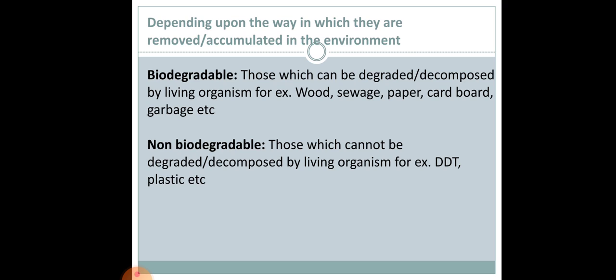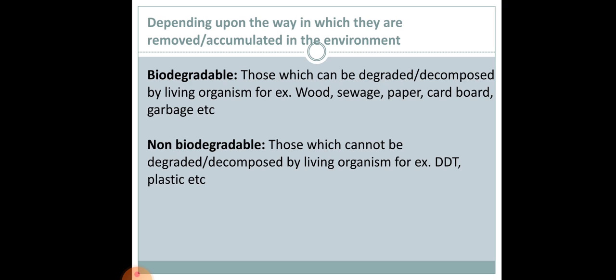Now depending upon the way in which they are removed or accumulated in the environment, we can classify them into biodegradable and non-biodegradable pollutants. Here again the term itself explains it. Biodegradable means those pollutants which can be decomposed or degraded by living organisms. For example, wood and all these organic wastes are biodegradable pollutants.